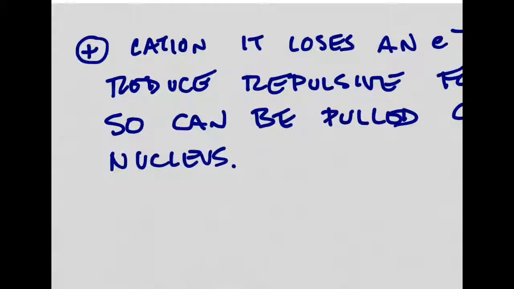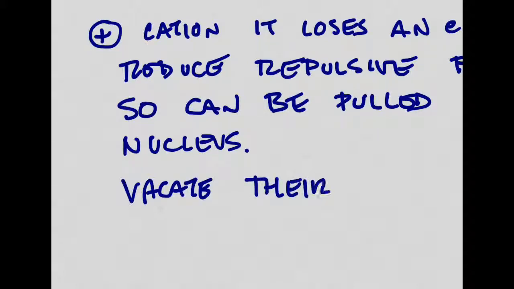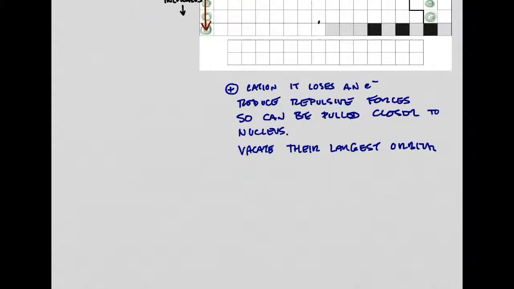All right? So the fact that these cations lose electrons means they vacate their largest orbital, whatever that orbital was, the valence shell orbital, or sublevel, I guess I should call it too.